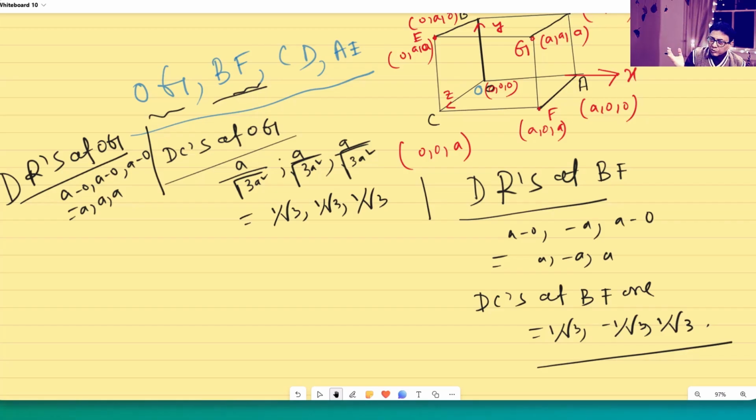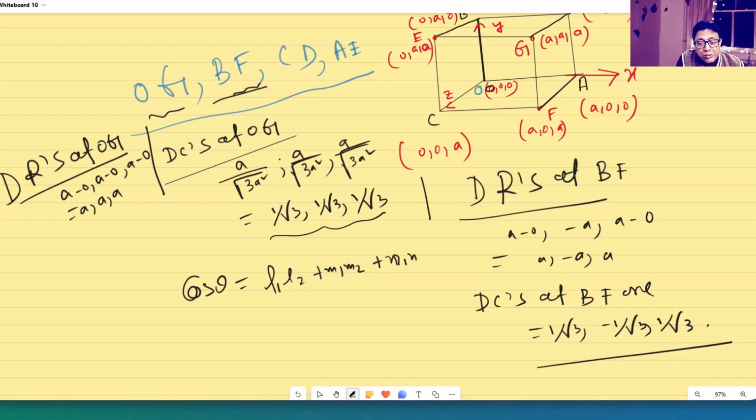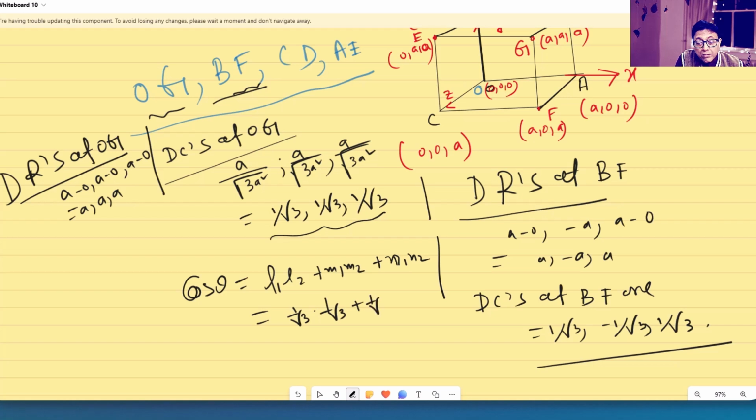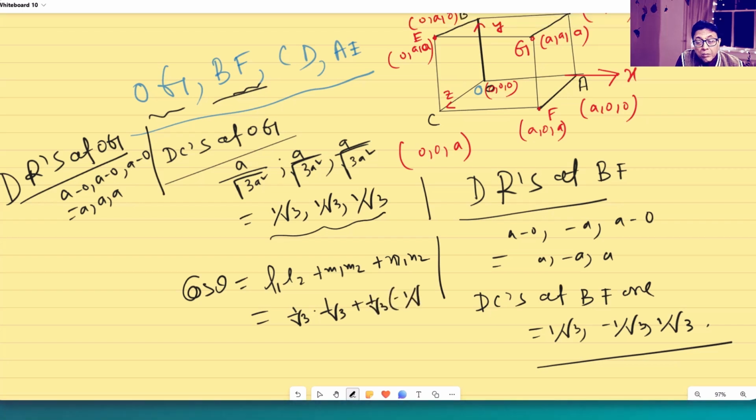Now cos theta is going to be what? This is like L1, M1, N1, L2, M2, N2. So this is L1 L2 + M1 M2 + N1 N2. So this will be 1 by root 3 times 1 by root 3, plus, and so on.